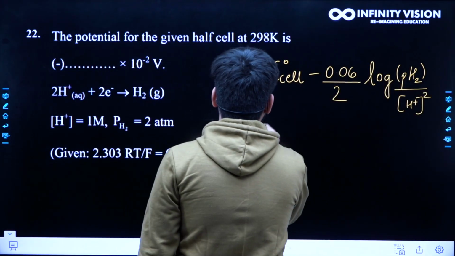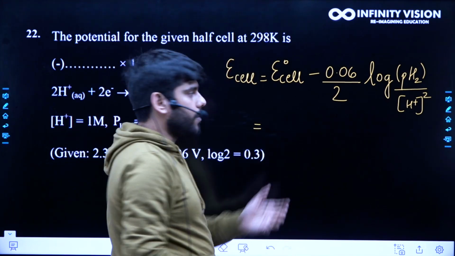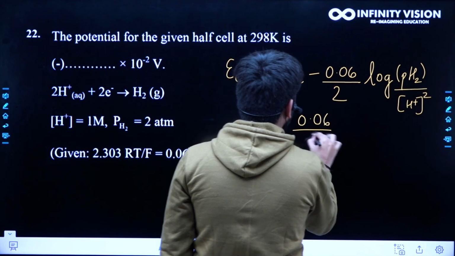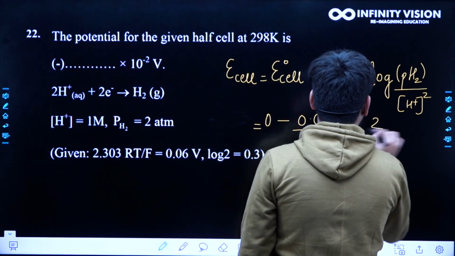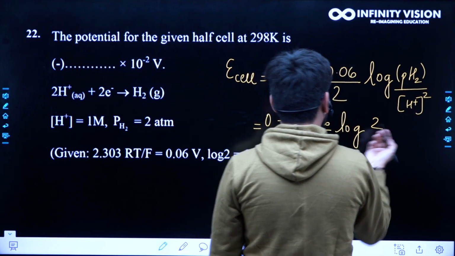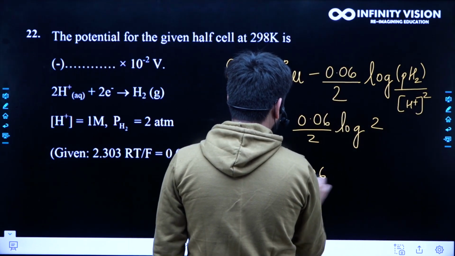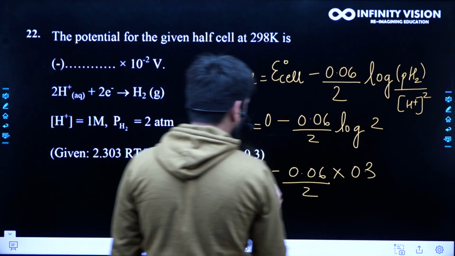Now, E naught cell, because we are taking the standard hydrogen electrode, is 0, minus 0.06 by 2 log of pressure, which is 2 atm, and this is 1. So this is minus 0.06 by 2 into log 2, which is 0.3.